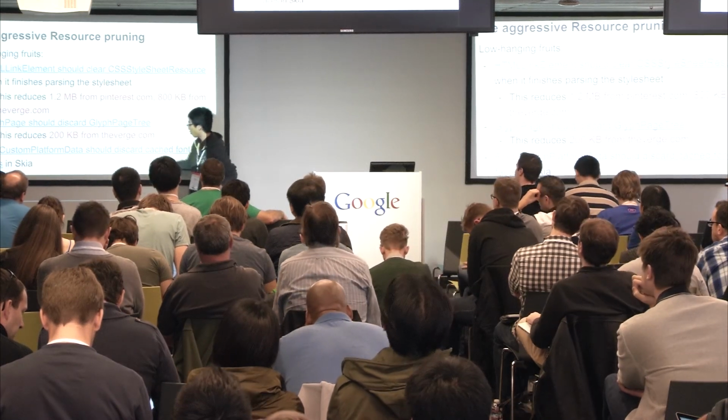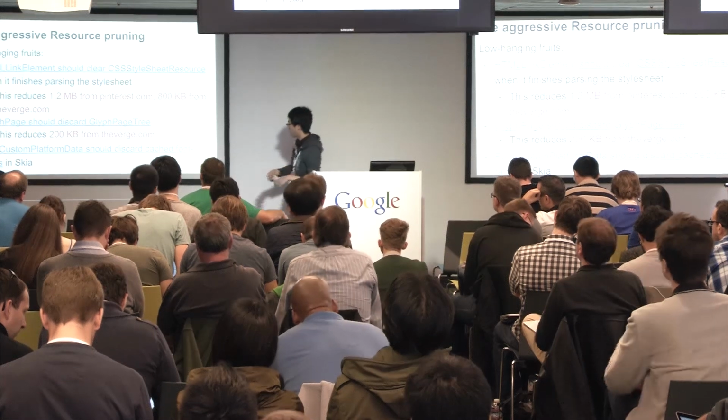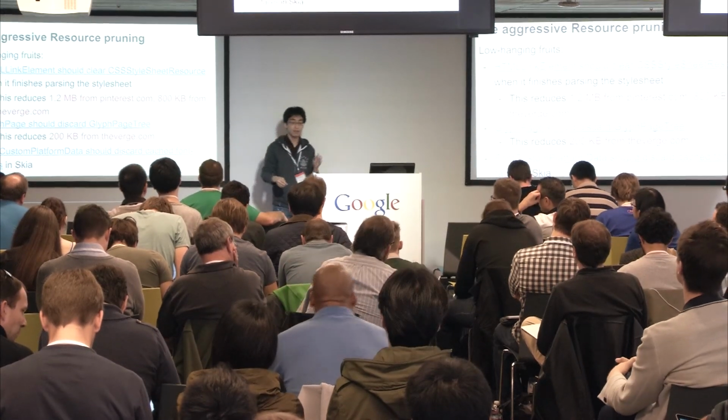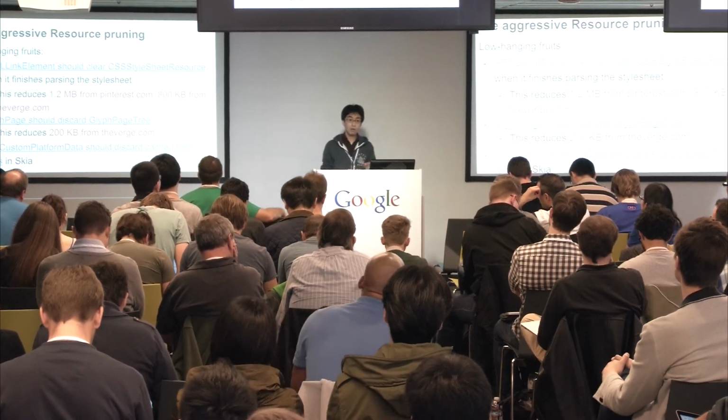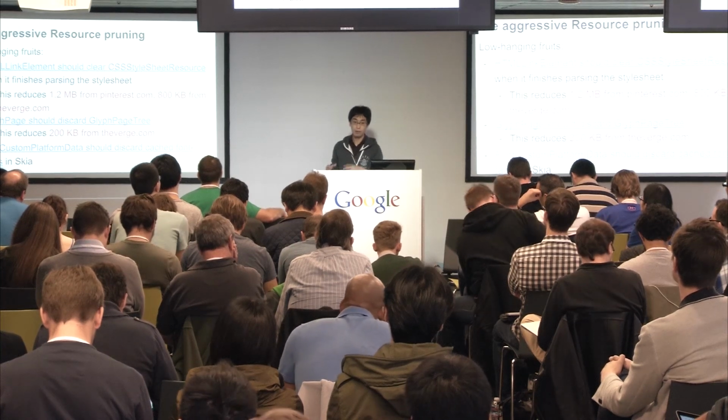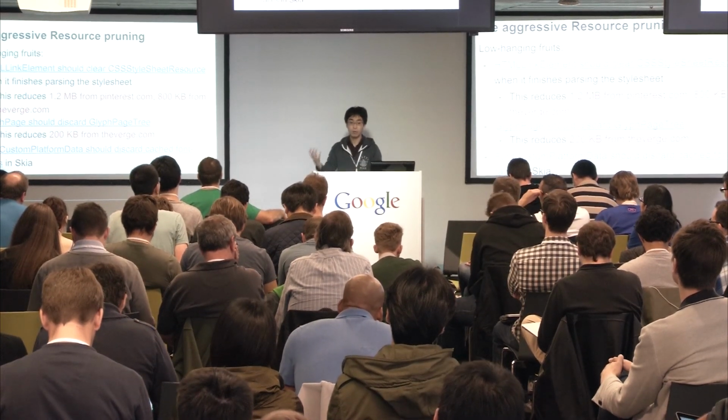So font custom platform data is caching font faces in Skia. So this is one example. This kind of relationship and metrics should be added to memory infra so that we can keep track of the reduction. And once we have that, we can understand how important it is, and we can just discard it in our memory pressure scenarios. So that's our plan.